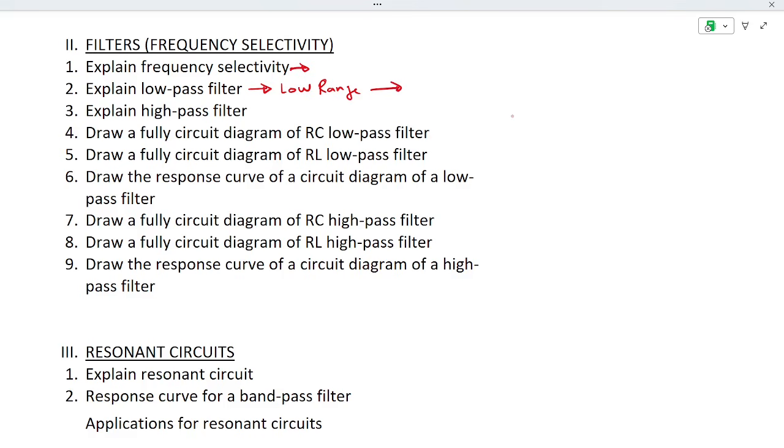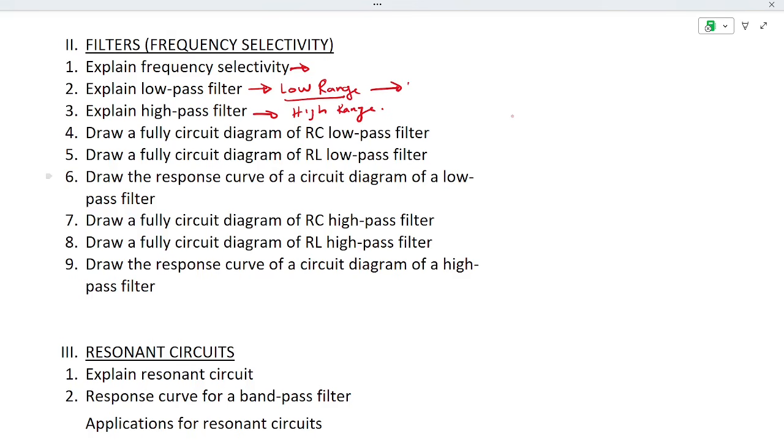So the low range is selected, the high range is rejected. And the opposite with a high pass filter. A high pass filter will select the high range of frequency and reject the lowest range.